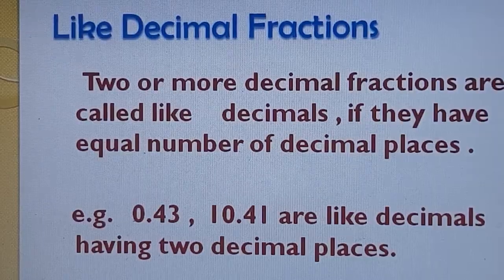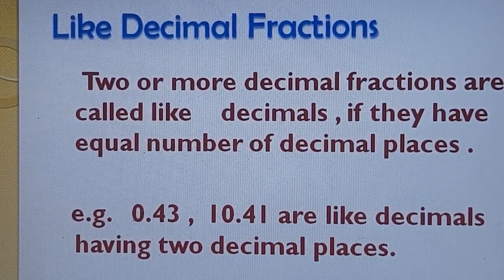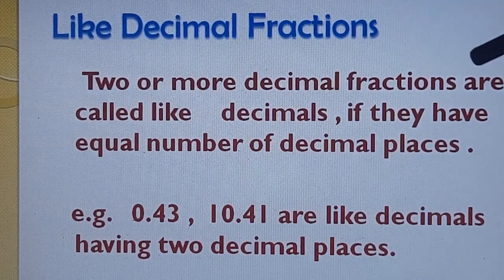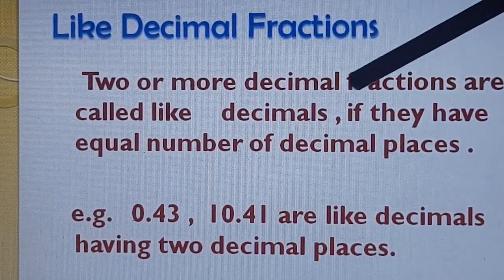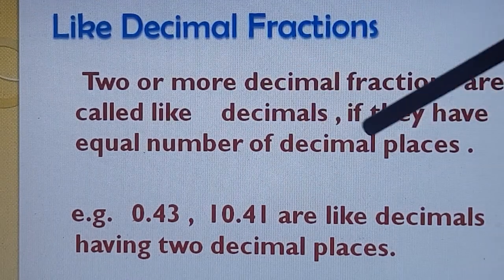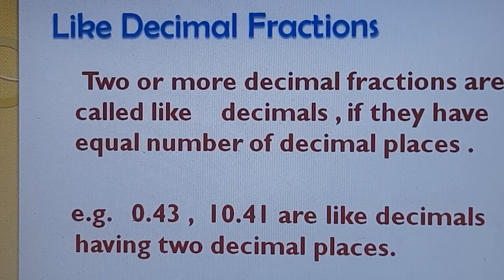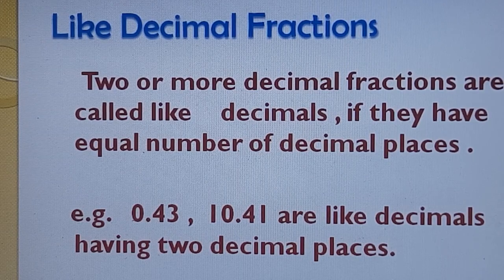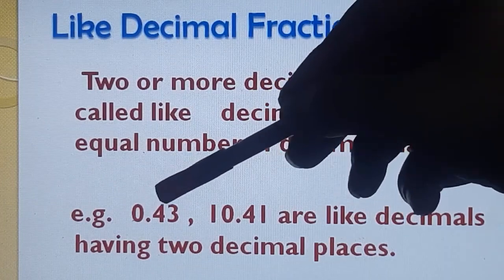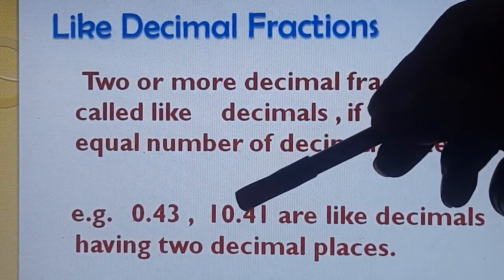Understood? Now, like decimal fractions. Two or more decimal fractions are called like decimals or like decimal fractions if they have equal number of decimal places. If the decimal numbers have the equal number of decimal places, then they are known as like decimal fractions. For example, 0.43 and 10.41.